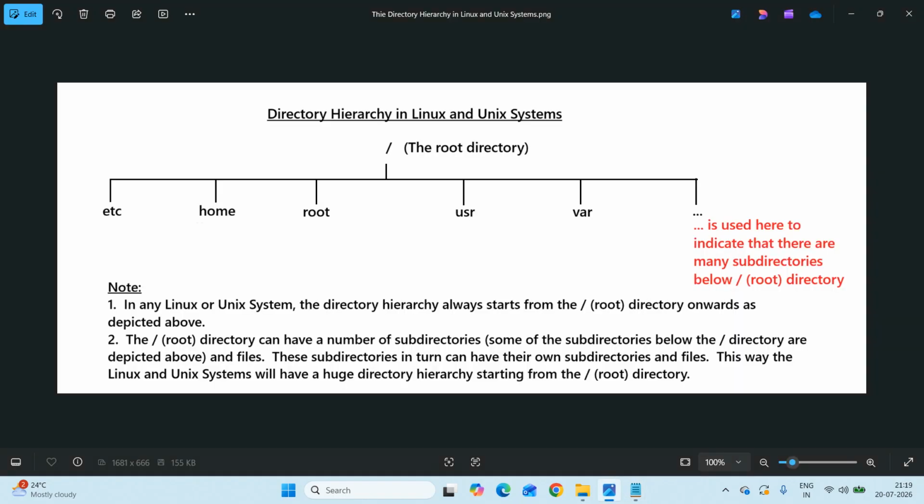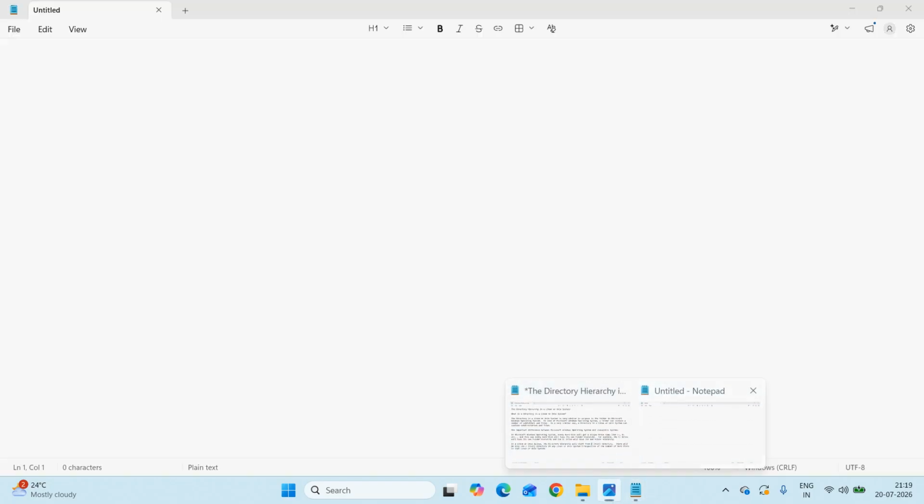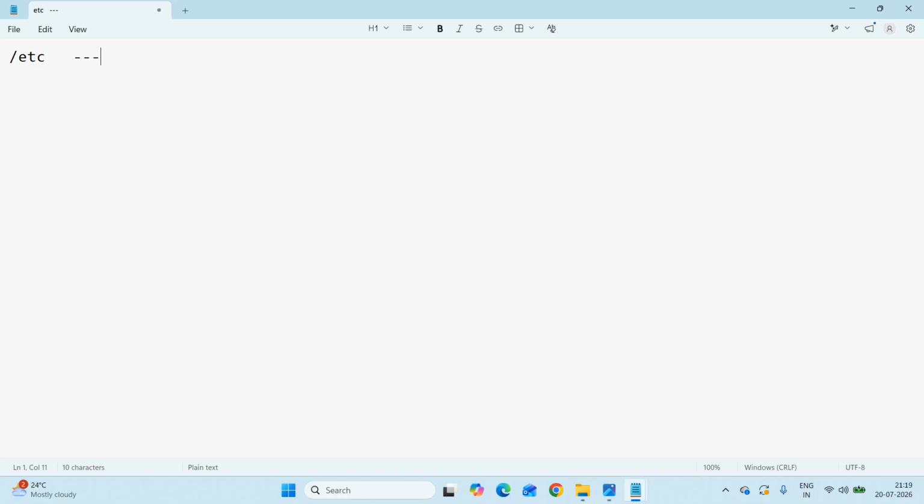like this. This forward slash is the root directory. etc is a subdirectory below root directory. In the Linux or Unix system, we can access that etc subdirectory below root with a path like this, people, a forward slash, that is the root directory, and etc is the subdirectory. Now what is the purpose of this directory?